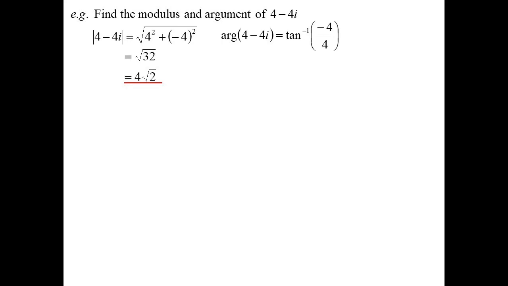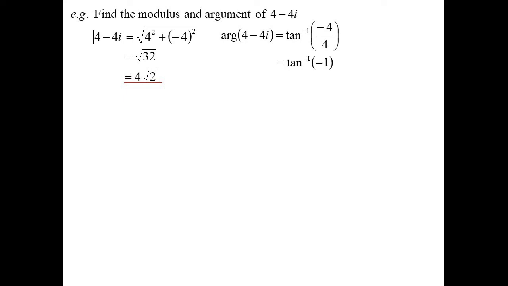Let's do it to this one here, 4 minus 4i. So we work out our modulus, turns out to be 4 root 2. The argument, now notice how I've written it. I've made it very clear where the negative sign is, because that's going to help me identify the quadrant. In fact, it's even useful to draw a diagram. It is the inverse tan of minus 1.